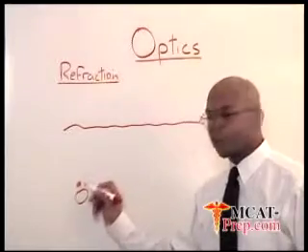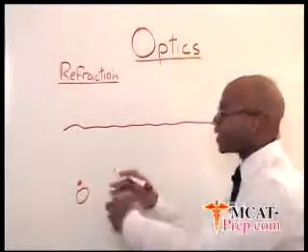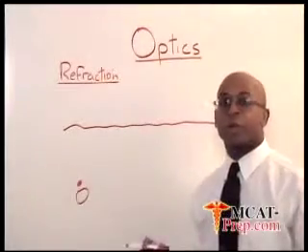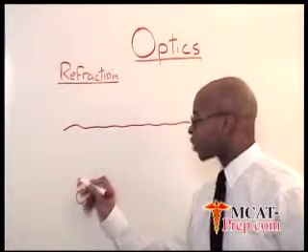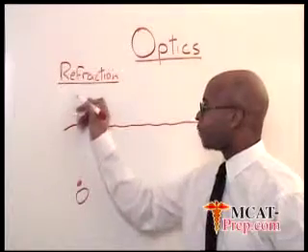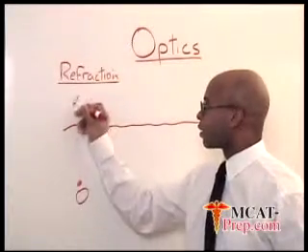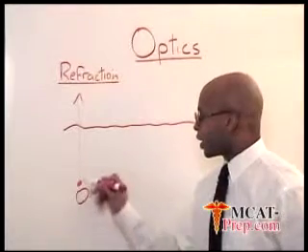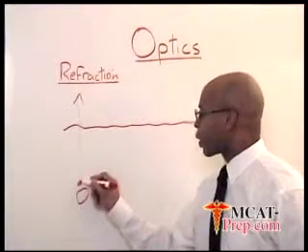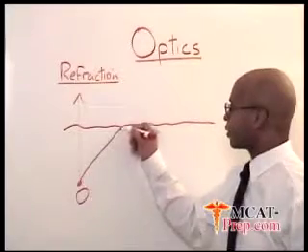And coming from this object would be an infinite number of light rays going in various different directions. Some of the light rays would be going straight up and would be transmitted through the surface of the water. There will be light rays going off at various different angles.